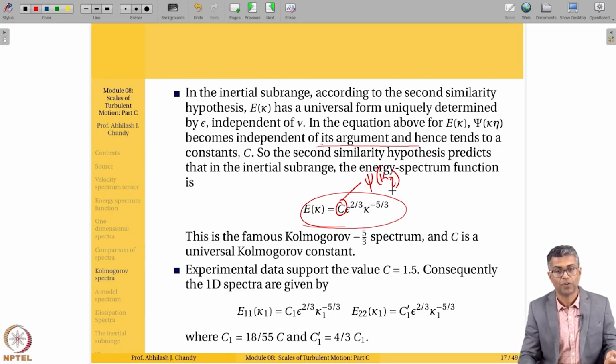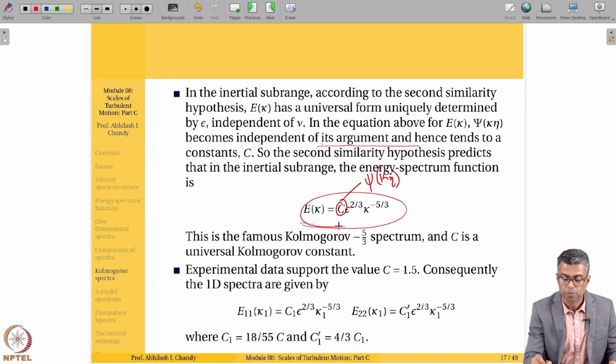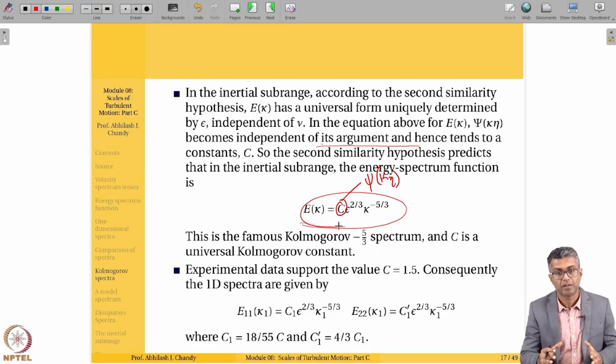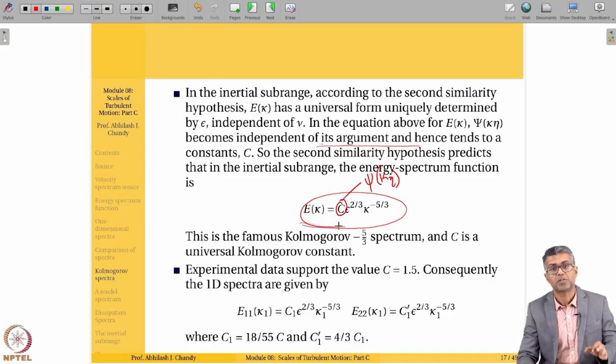This is actually the famous minus 5/3 Kolmogorov spectrum. The fact that the energy spectra varies according to kappa to the minus 5/3 is universal. This is applicable to all turbulent flows, no matter what kind of turbulent flows you have. And C here is a universal constant.